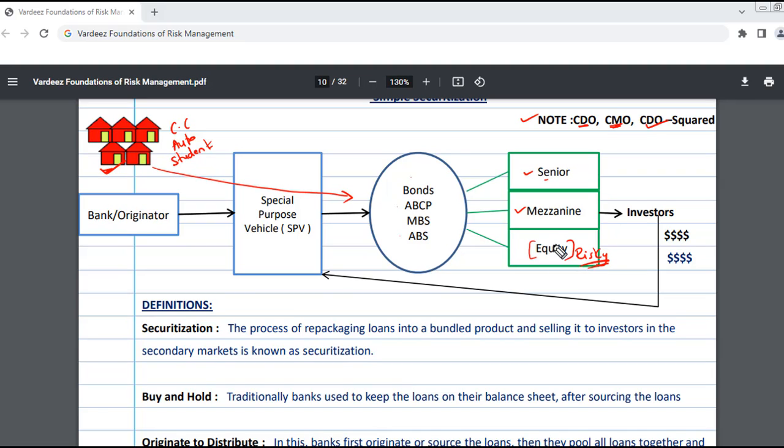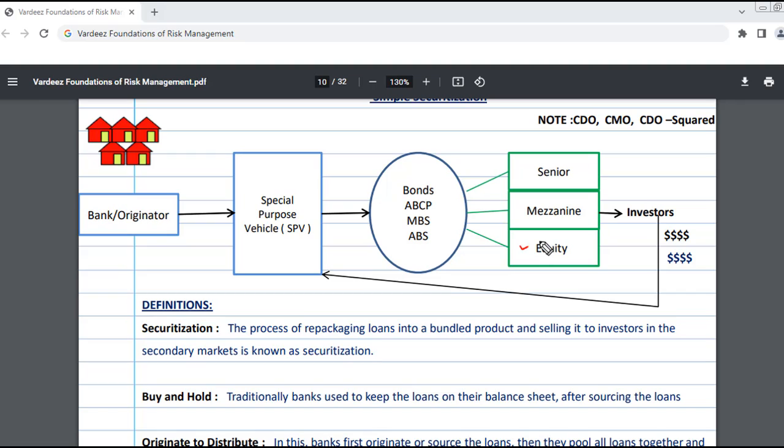If I buy this, I'm not sure if I will be able to receive the interest or principal, but this gives higher returns. And this one is less risky because you are assured that you will get the first payment, but yes, the yield over here is very low. So we have talked about the tranches and their riskiness.